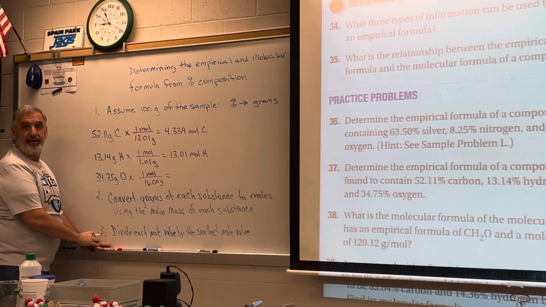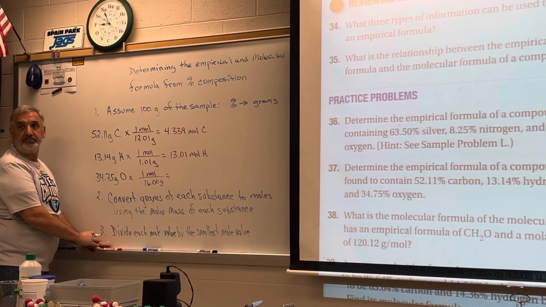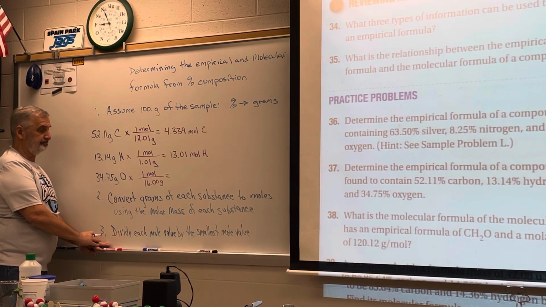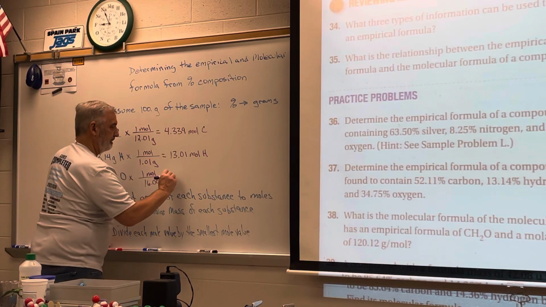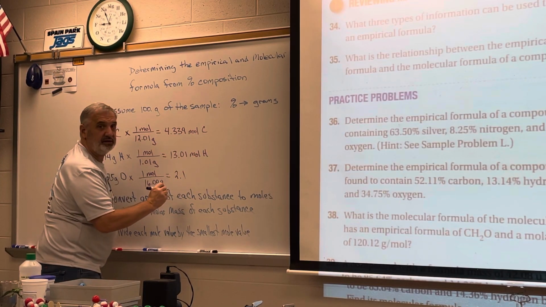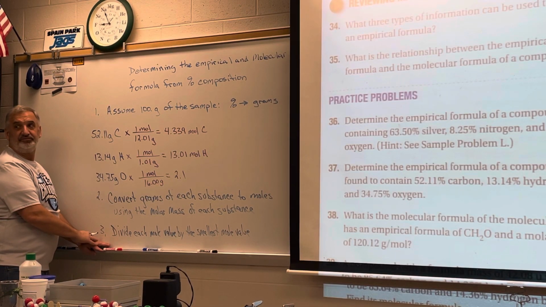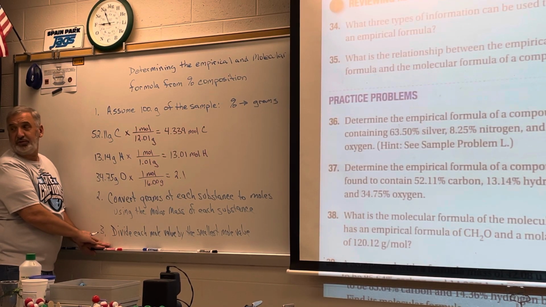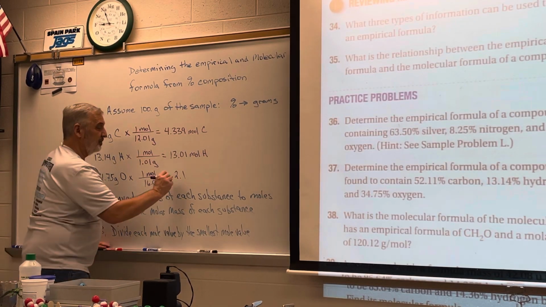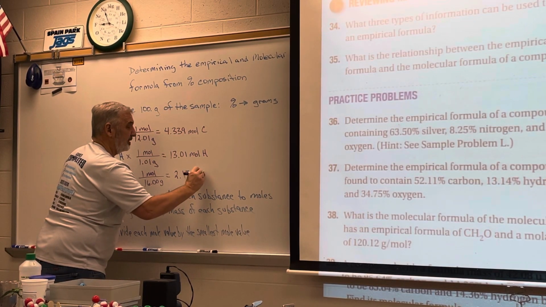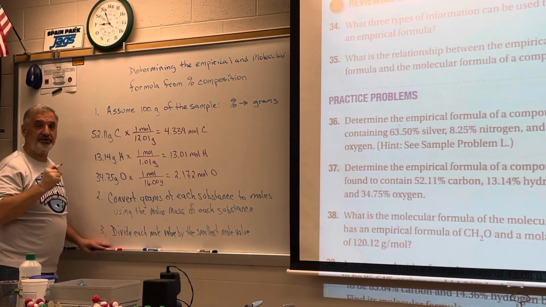Anyone got the last one for me? 2.35. Somebody else agree with that? 2.1. Oh, I did the wrong number. 2.17, yes, 2.172. Are we agreeing with that number? Two or more agree. There we go.